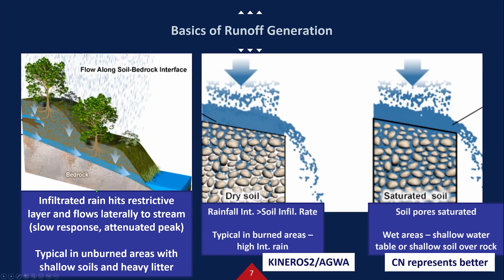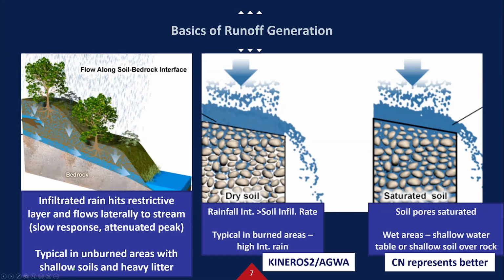pre-fire, you've got a lot of litter cover, a lot of ground cover, and you'll have infiltration on site that might typically go down, hit a restrictive layer, and then laterally flow to a channel. So this is a slow response and a very attenuated peak flow rate.